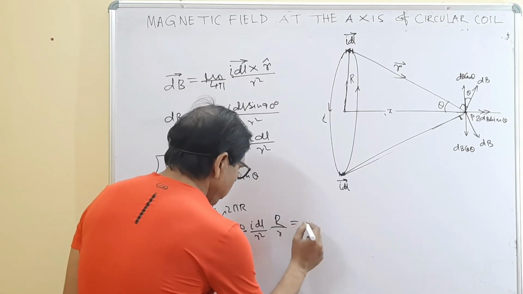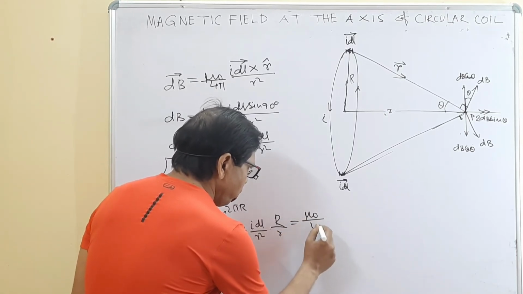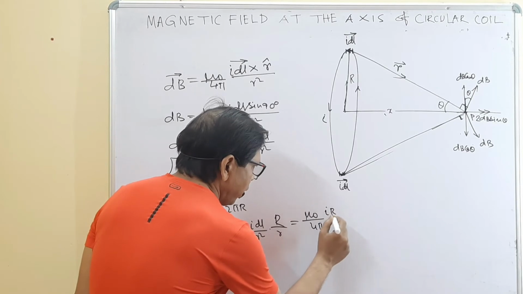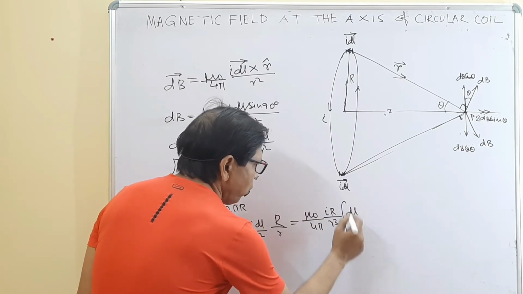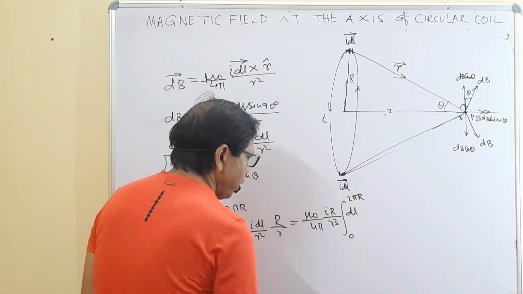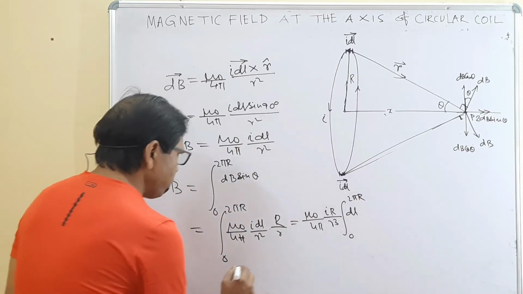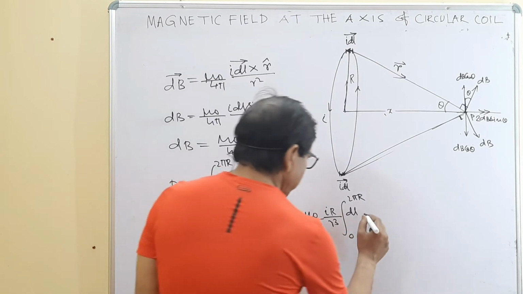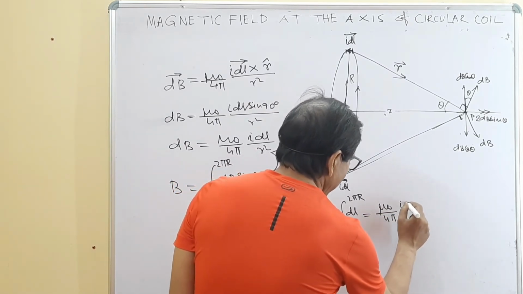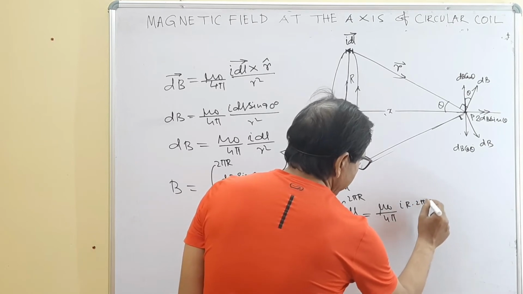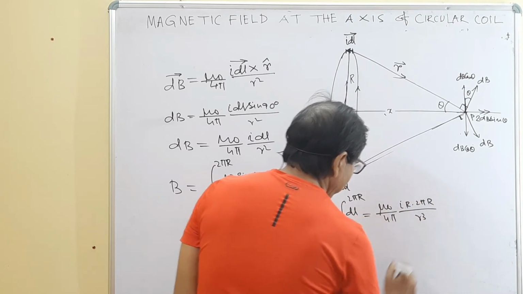So look at this, this is μ₀/4π · I · R/R³ ∫dl from 0 to 2πR. Therefore this becomes μ₀/4π · IR · 2πR divided by R³.